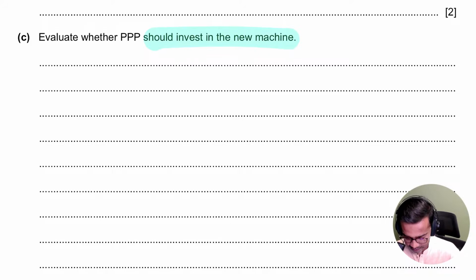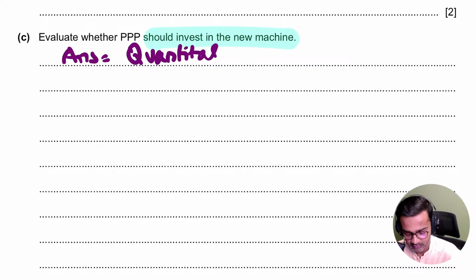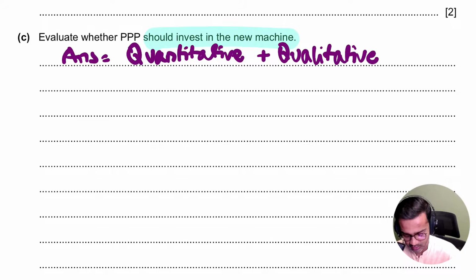Now here's something that you must remember for all of the 12 mark answers which are connected to a calculation. So we've just done 2 calculations, payback period and ARR, and we're seeing it's part C, so a question that's linked with that. And what the examiner is looking for is 2 things. Your answer must be a combination of quantitative and qualitative factors.